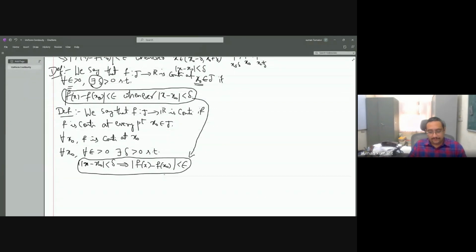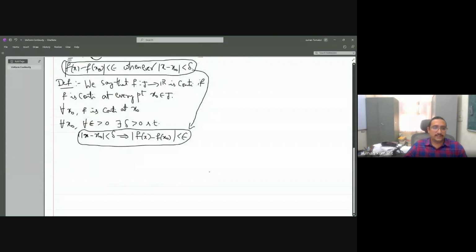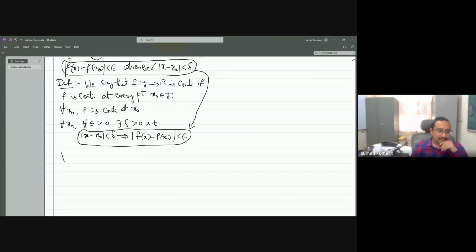Now, you have to understand the importance of the order of quantifiers. This is what I keep emphasizing. I keep telling the students that if you have two different quantifiers, for every and there exists.